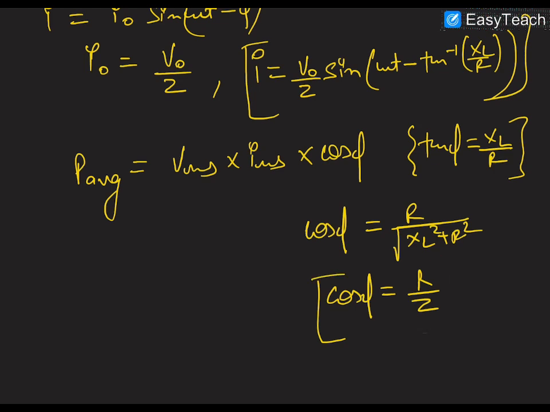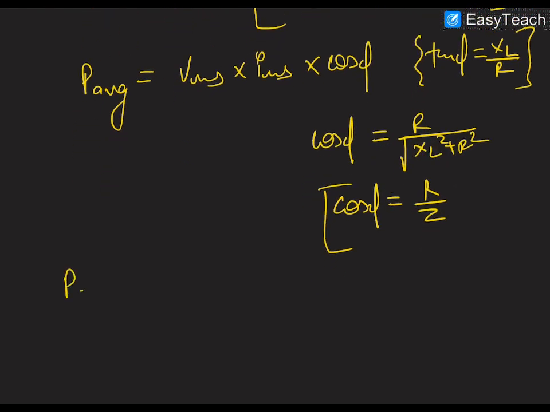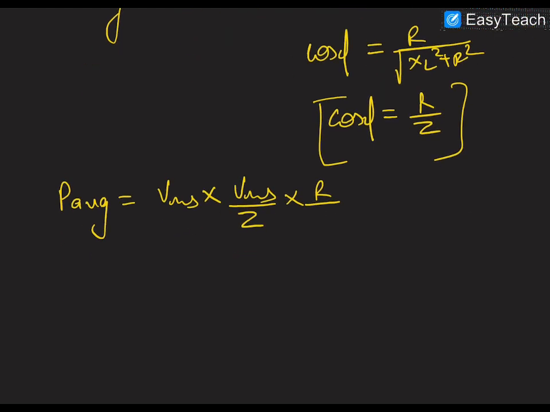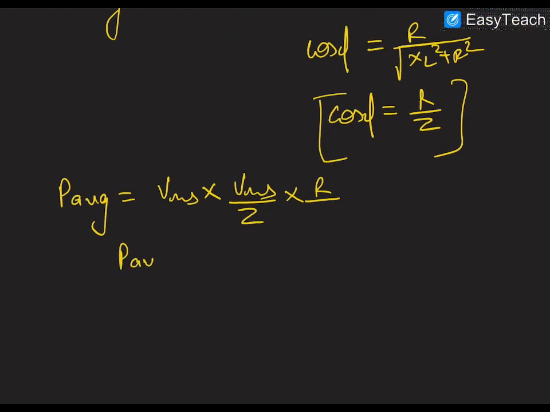So the average power loss in the circuit, P average, will be equal to VRMS into IRMS into cos phi. Now IRMS will be VRMS upon Z and cos phi will be R upon Z. So average power loss will be equal to VRMS square into R upon Z squared.